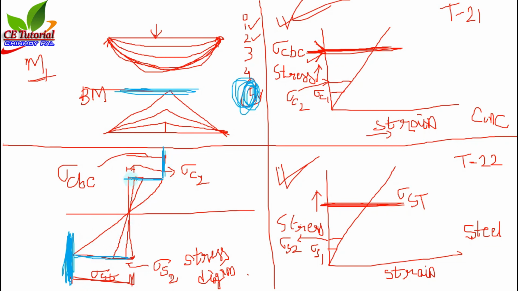This line is rotating in clockwise direction about the neutral axis. This line is called the stress line.